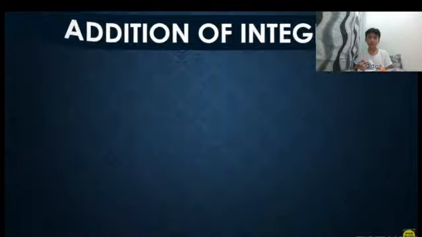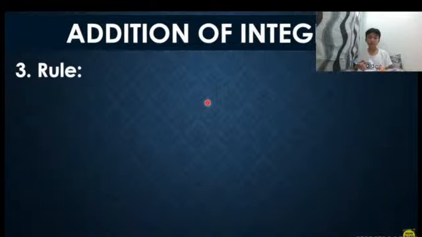Okay, next. We can make use of the rule. Ito yung pinaka-importante. Ang rule ang pwede mong gamitin kapag ang value ng integers mo ay masyado ng malaki. Okay?